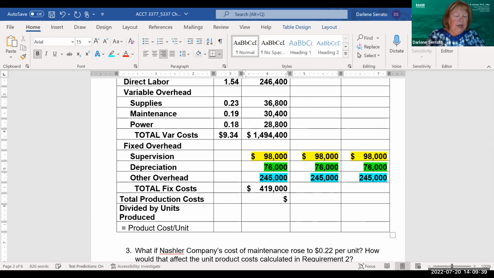So the total production cost, the 1,494,400 plus the 419,000 should give us 1,913,400. Total fixed costs are going to be the same at all three levels of activity.